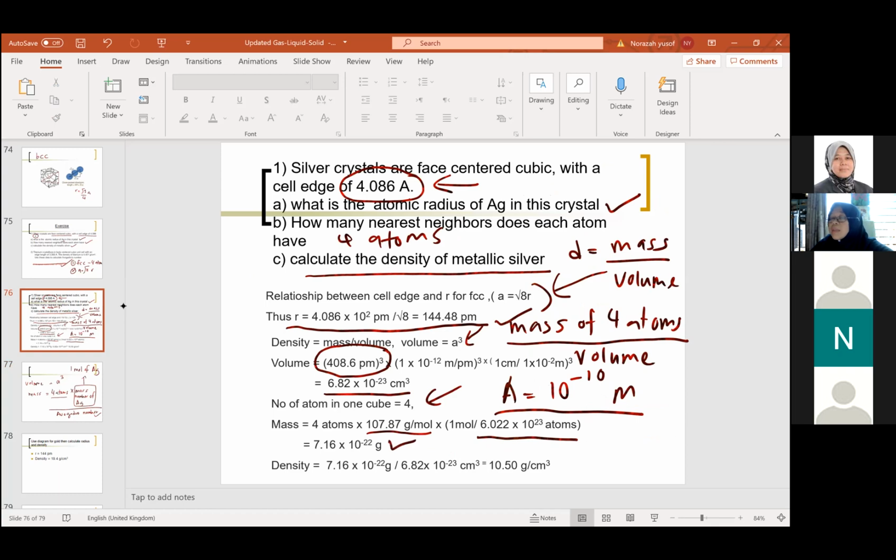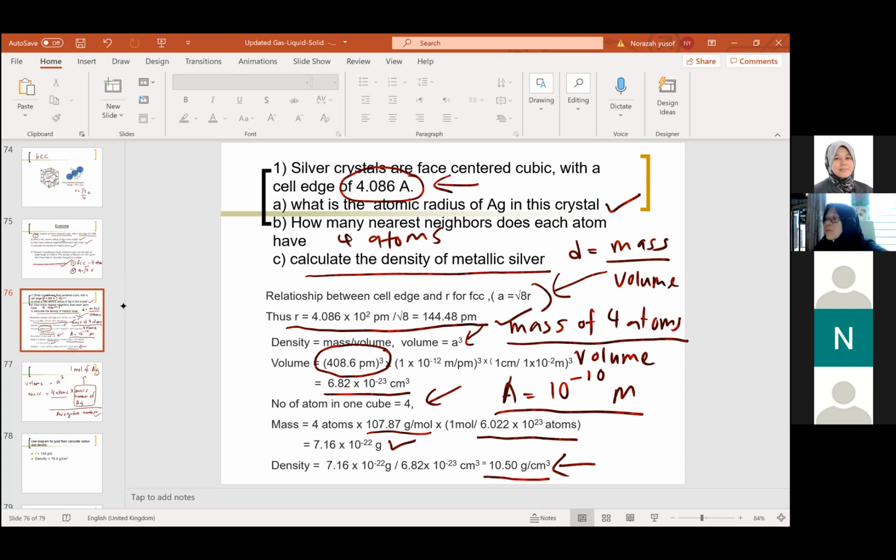So 4 atoms times the atomic weight of silver, divided by Avogadro number, gives you the mass for 4 atoms in gram. The final step to get the density is mass divided by volume. So you get the density.